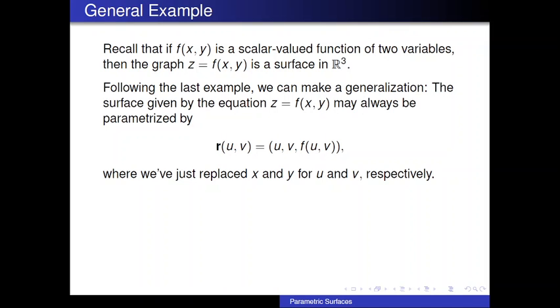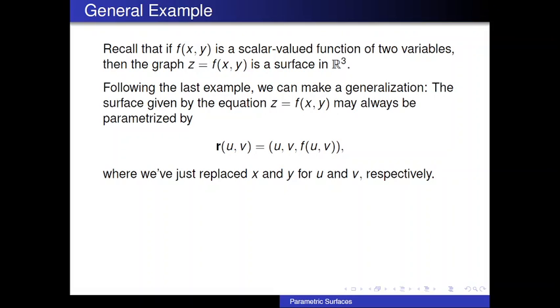So we can always choose to parameterize with the function r of u,v equals u in the first component, v in the second component, and then f of u,v, just replacing x with u and y with v. And really, that replacing is almost superfluous in this case.